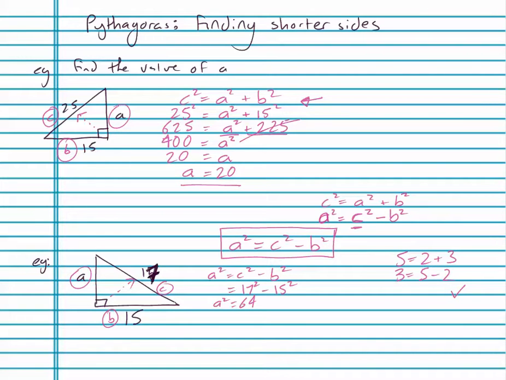Now that's a squared. That's saying a times a is 64. We could probably work this out without using a calculator. What number multiplied by itself gives me 64? Of course it's 8. So the square root of both sides, a equals 8. Check that it's shorter than the hypotenuse. Yes, it is. We're done.